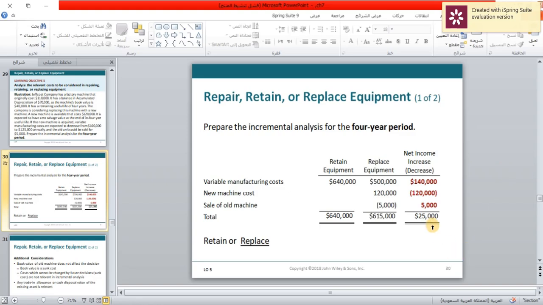The difference between replace and retain is better, it will increase net income 25,000. Here the reduction of variable costs is positive, buying the machine is negative, selling the old machine is positive, so the net effect is better, an increase in net income of 25,000. So the decision will be to replace the equipment.